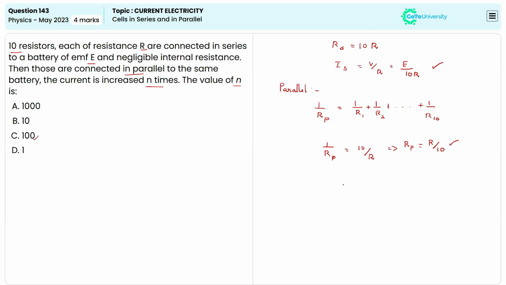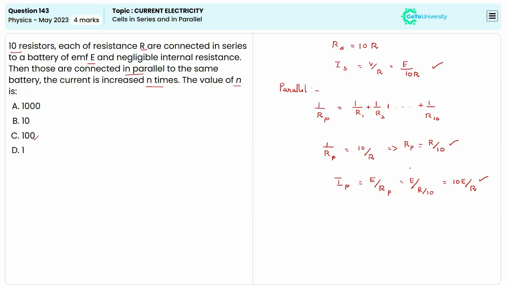So now we have the value of R parallel. Let us calculate the value of current in the parallel circuit. Similarly, it will be equal to E divided by R parallel, so E divided by R divided by 10, or it can be written as 10E divided by R. So now we have the value of total current in the parallel circuit, right?